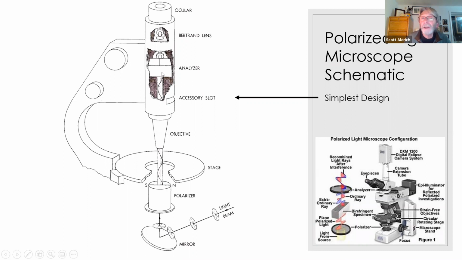It's just turned 90 degrees. And lo and behold, as light comes through here that's coherent and aligned, if something doesn't happen to it here at the specimen, it's not getting through this analyzer. And so that's the whole nature of polarized light microscopy, using that simple position of polarizer, specimen, analyzer.